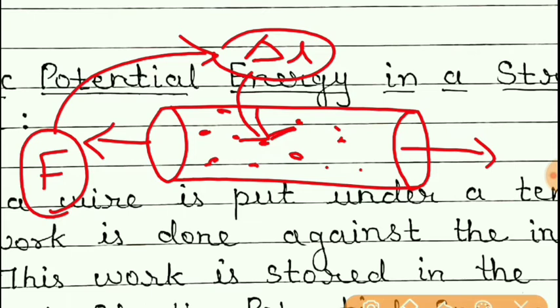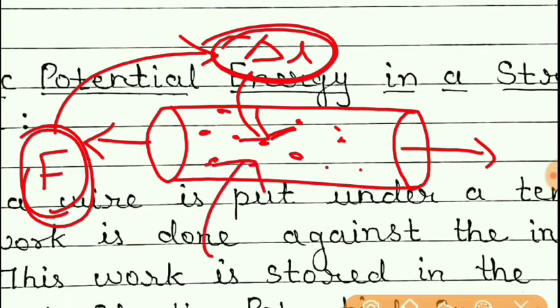And we know that for that we have to do some work, because force into displacement is nothing but work done, and this work done is against the interatomic forces. When we do the work, that work done gets converted to the potential energy of this wire.